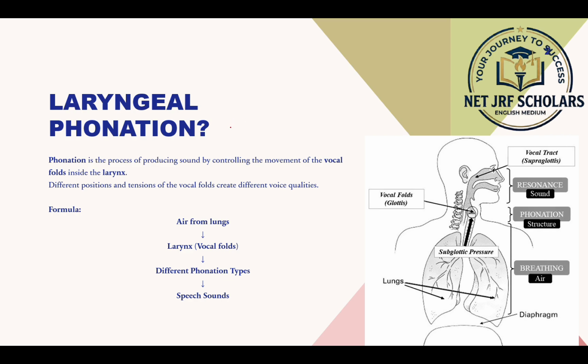First, we will try to understand what laryngeal phonation is. Basically, phonation is the process of producing sounds by controlling the movement of vocal folds inside the larynx, as we have discussed where we talked about the articulators.